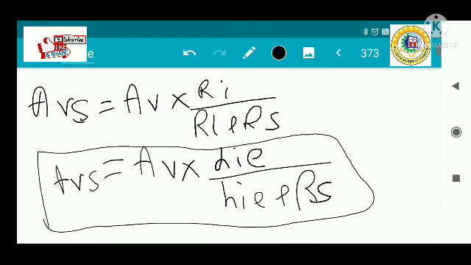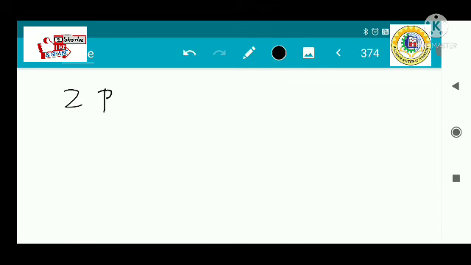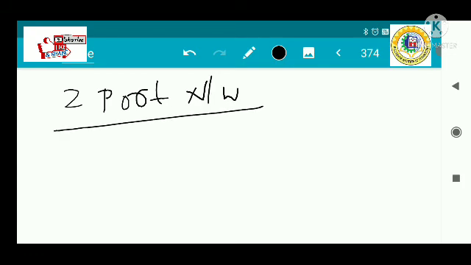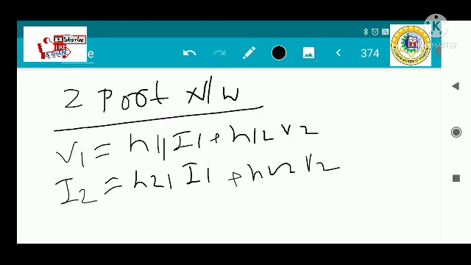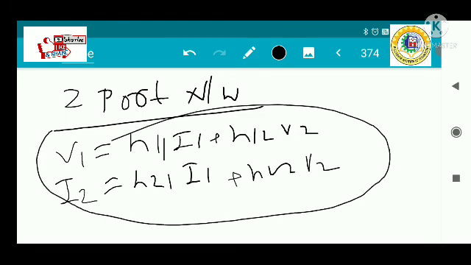As we consider the BJT amplifier as a two-port network, we use the H parameter model, with its two equations: V1 equals H11 I1 plus H12 V2, and I2 equals H21 I1 plus H22 V2.